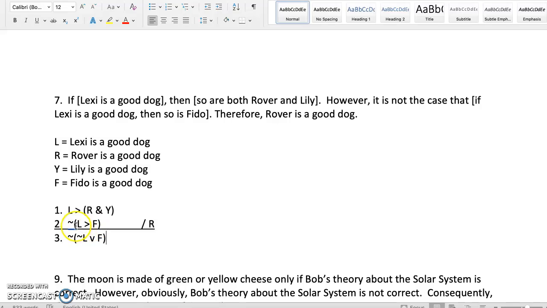All right. So for now, ignore the negation on the outside because we're just changing the inside of the parentheses. All right. We change the L to not L. Since it didn't have a negation, it gets one. We change the conditional to a disjunction, and we leave the right side exactly as it is, just F.